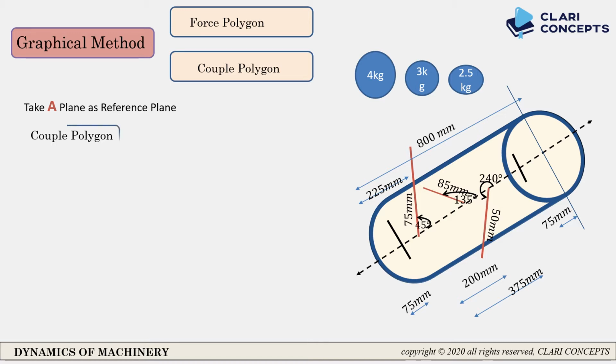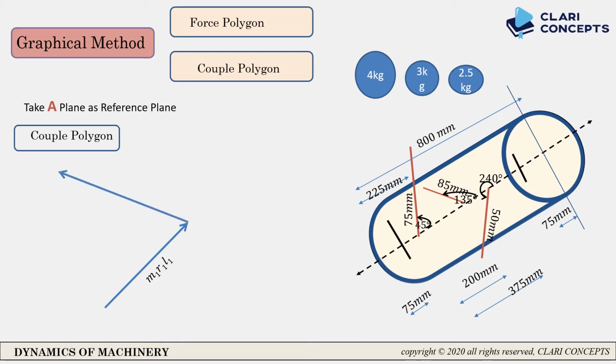So here the first arrow is drawn. This arrow's length shows the magnitude of the couple and the direction shows the direction in which the couple is produced. The first couple is produced by mass m1, placed in plane 1, which is m1 r1 l1. Here m1 r1 is the centrifugal force and l1 is the distance from plane A to plane 1.